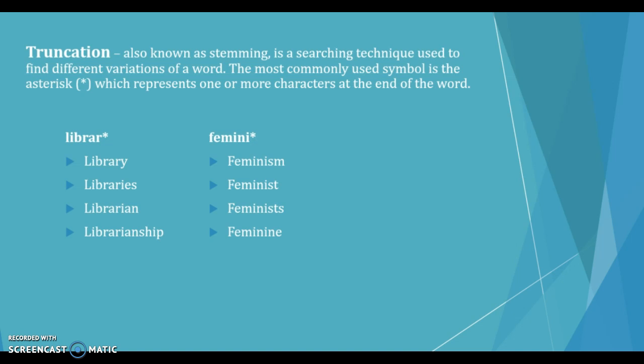Of course, just like anything else, nothing is perfect in this world. Although truncation is very useful and it can be a very effective and efficient searching technique, one does need to be careful when using it. For example, applying the truncation symbol too soon in a word stem can retrieve many irrelevant or unnecessary results.